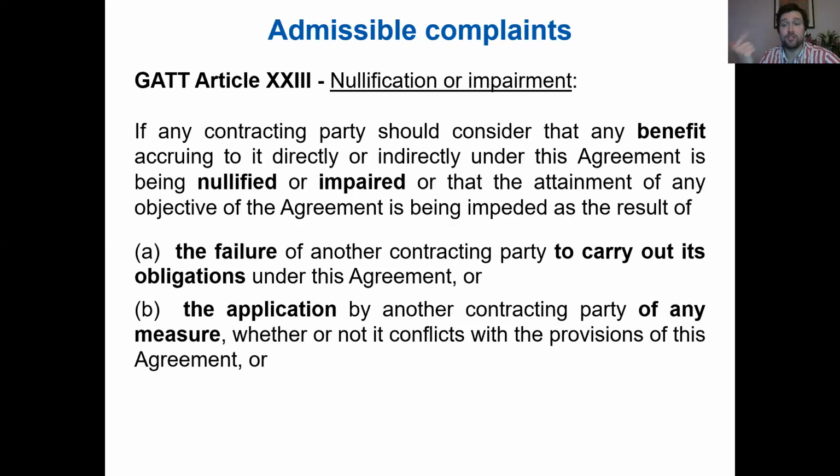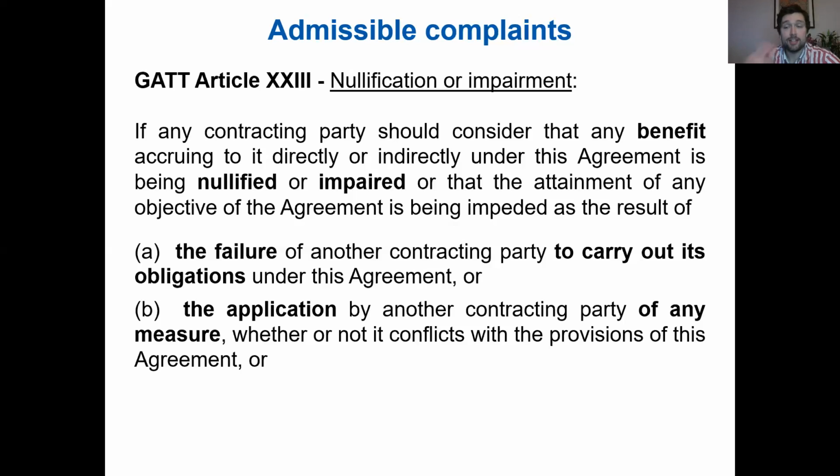This is impressive. We not only permit disputes about nullification and impairment as a result of WTO violations, but we also permit disputes about nullification and impairment of benefits when there is no violation of the WTO rules. And this is interesting because this type of complaint is clearly not typical.